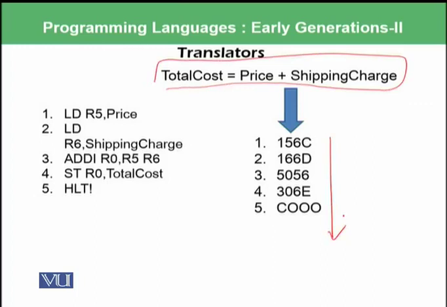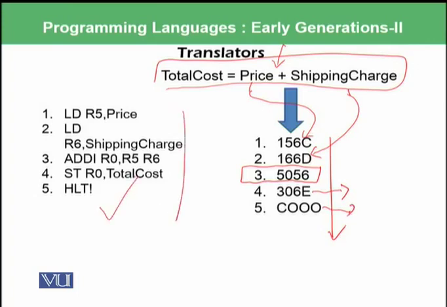It will say that the user wants to add something, so it will have the add instruction, and what the user wants to add, the price and shipping charge. So price needs to be loaded and shipping charge needs to be loaded, and then the information needs to be stored back into the RAM, and then the halt instruction.